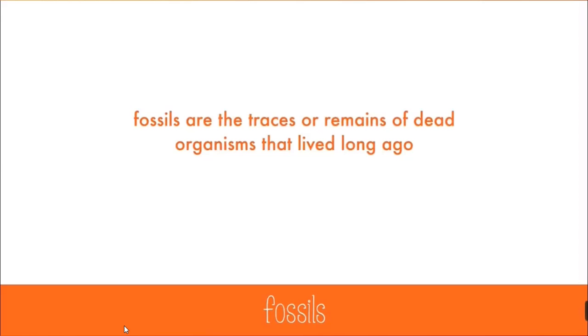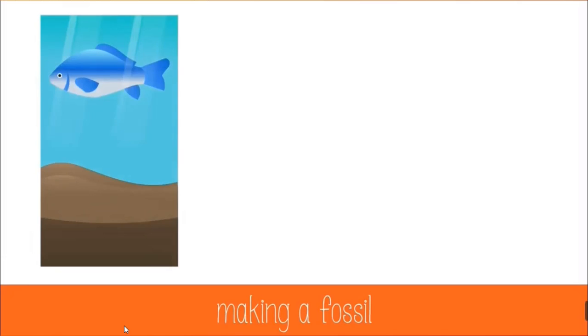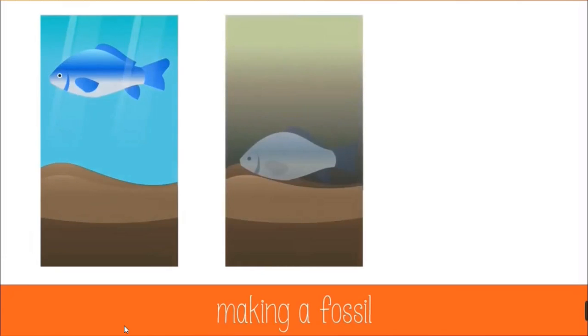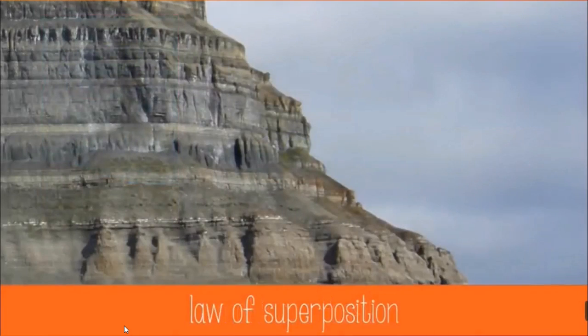Fossils are the traces or remains of dead organisms. You see the diagrammatic representations. When a fish dies, it forms a fossil. Actually degradation occurs. After the degradation, what remains are the fossils, the actual remains.